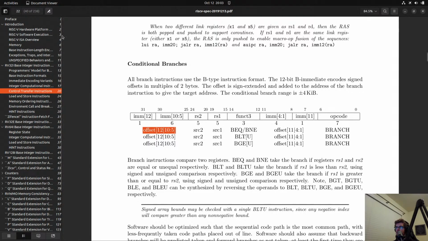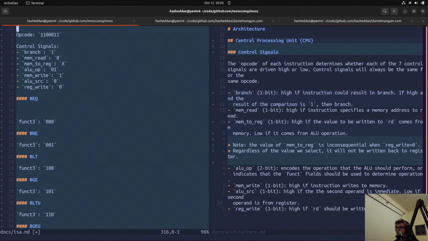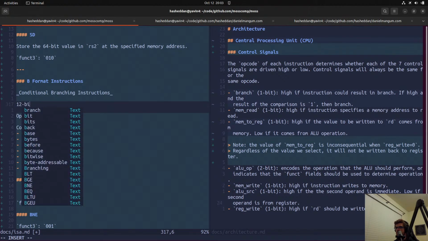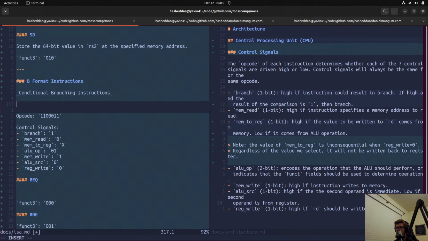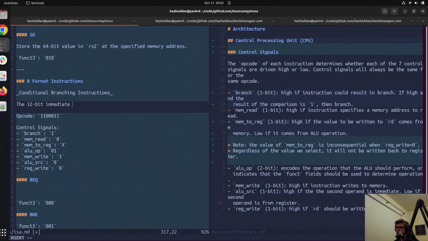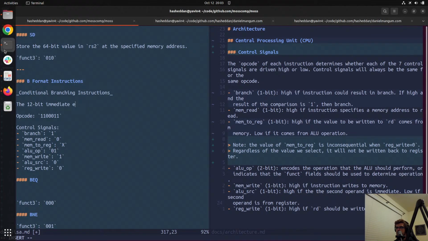All right, let me note that down up here. 12-bit immediate. Encode signed offsets in multiples of 2.